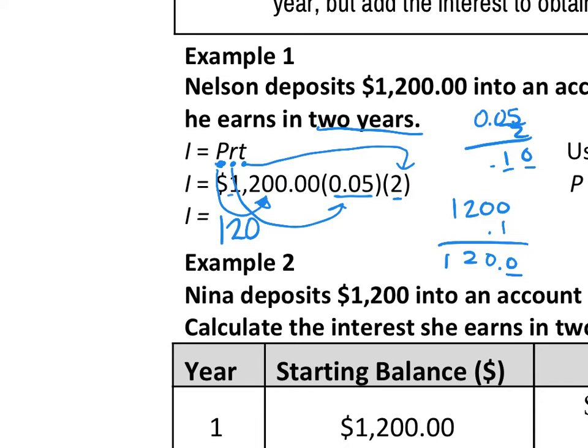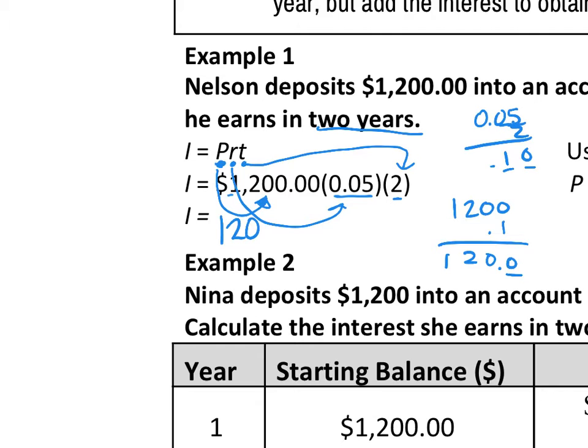So how much would I pay back as a total value of that loan? Nobody? Okay, so think about this. If I originally borrowed $1,200, or Nelson did, and then he got it for 5% interest for 2 years, and he paid $120 in interest, how much would he pay back at the end of those 2 years?